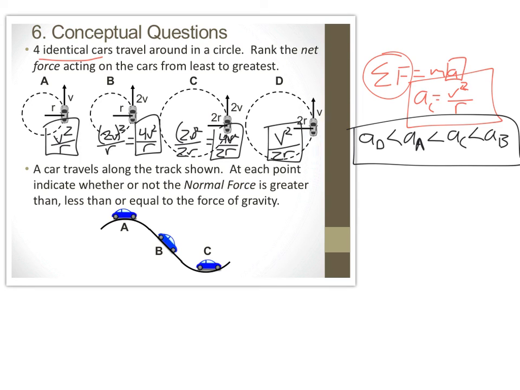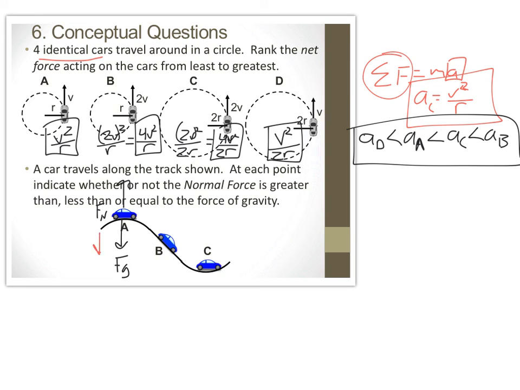Moving on to the second one, a car travels along the track shown. At each point, we want to indicate whether or not the normal force is greater than, less than, or equal to the force of gravity. So, at point A, we have the force of gravity, and we have the normal force acting on this object.